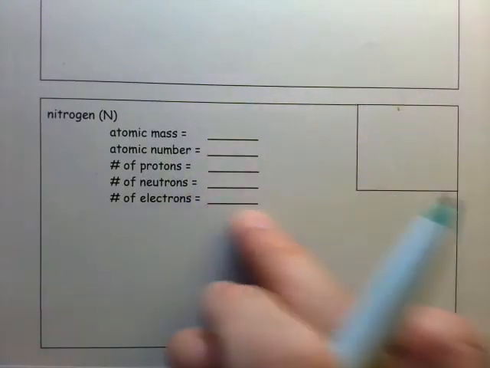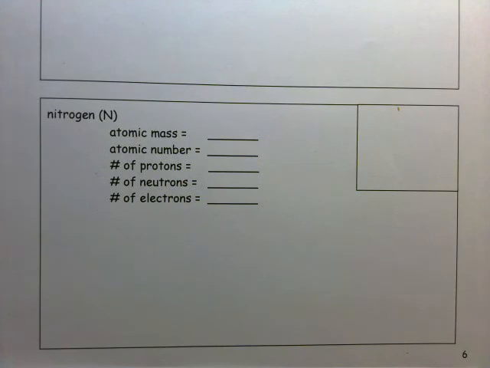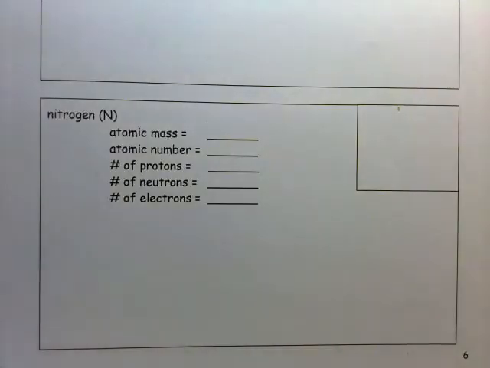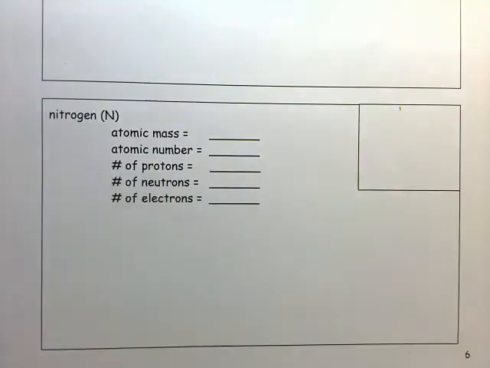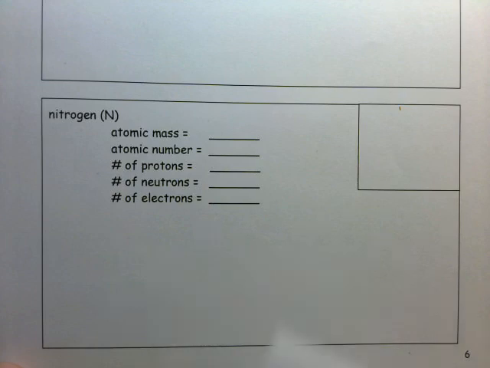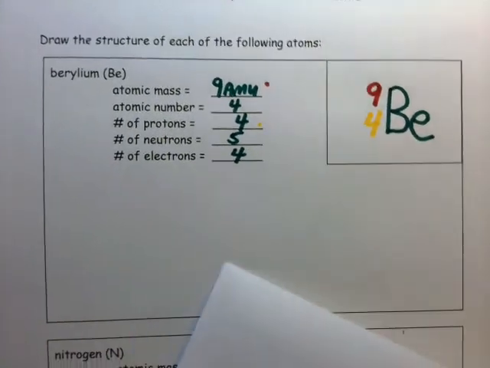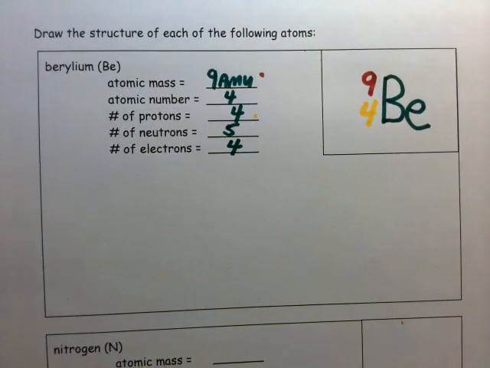How many electrons? Write it all down. There's a couple more pages with more elements off the periodic table. So familiarize yourself with the table, but familiarize yourself most importantly with how to translate these numbers from the periodic table to something like this. So fill in those portions of the next few pages, and then in the next video I'll show you how to put the parts together and actually assemble these things into an atom.